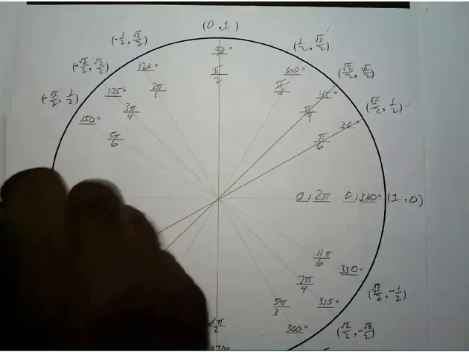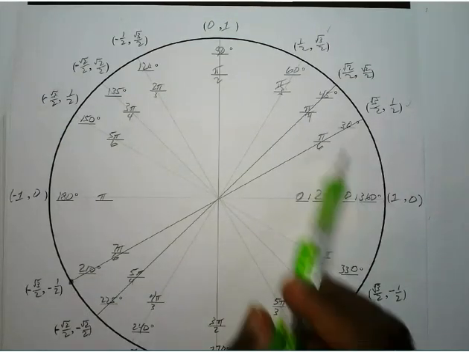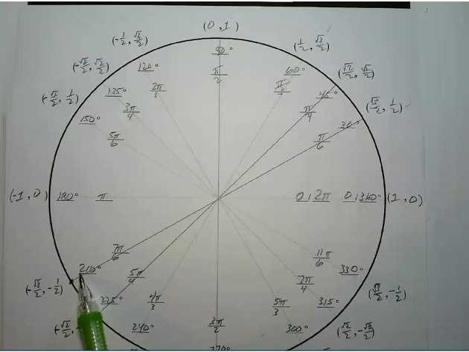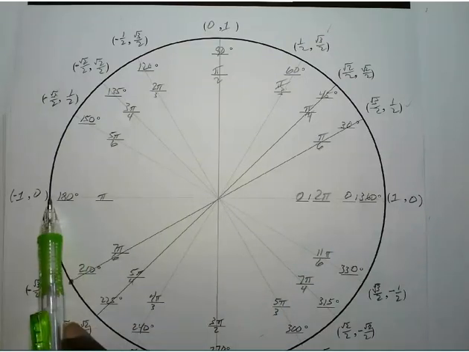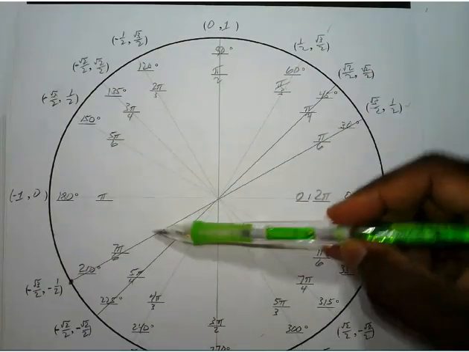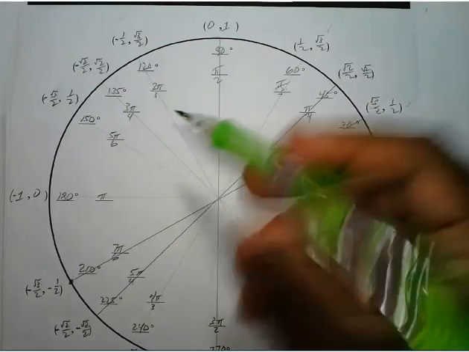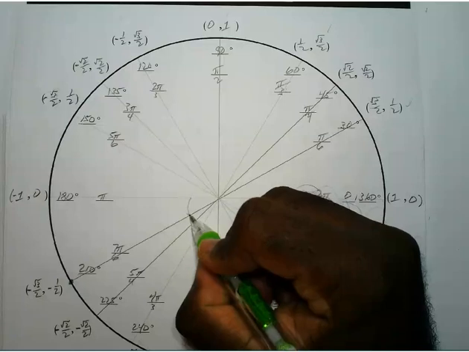So let's say if we have a point right here, instead of going around 210 degrees or 7 pi over 6 radians, we'll say the distance between the x-axis and this point is 30 degrees, because we're just measuring from the x-axis to here.